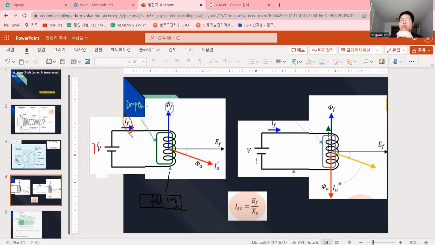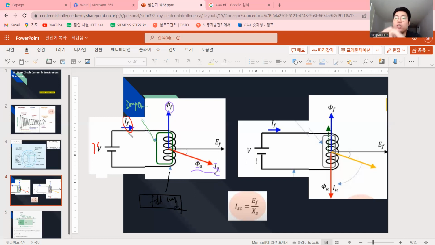And this IA is the load current, depending on the load. But generally our current is lagging because we consume power with motors. So generally IA is here, and phi A is also the same, the armature reaction, we also say.